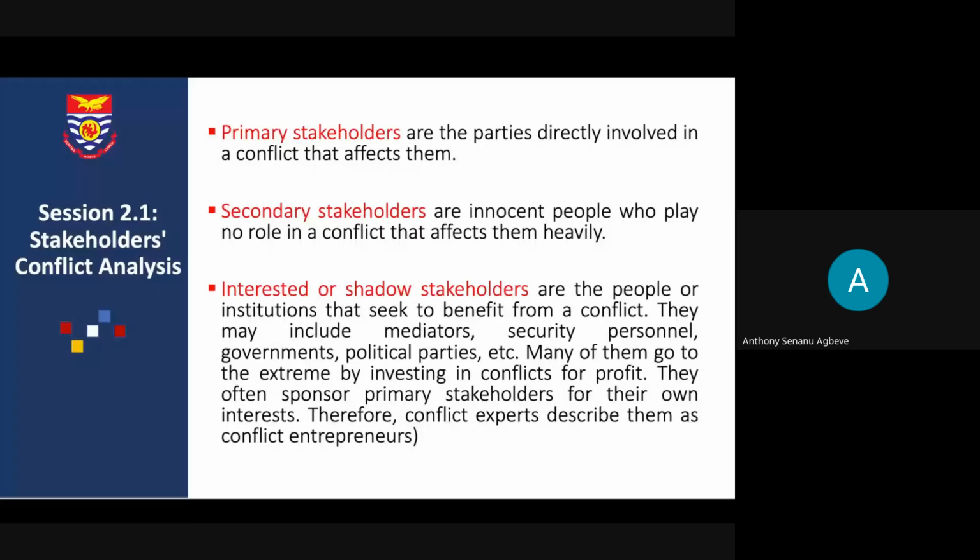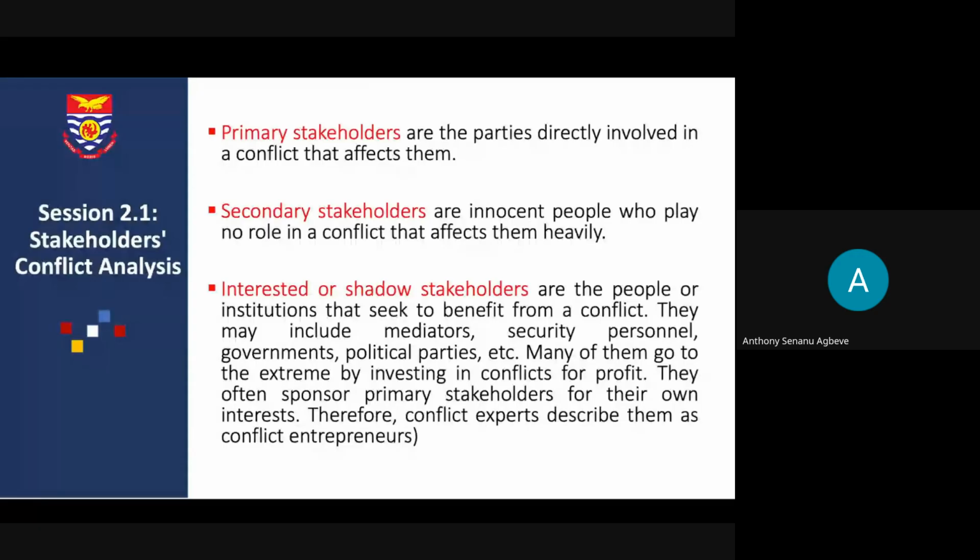So who are the primary stakeholders? Primary stakeholders are basically individuals or parties that are directly involved in the conflict that affects them. If you take any conflict situation, the primary stakeholders here will be those who are directly involved in the conflict.